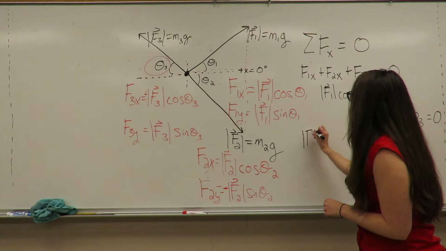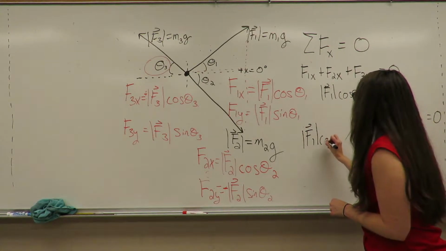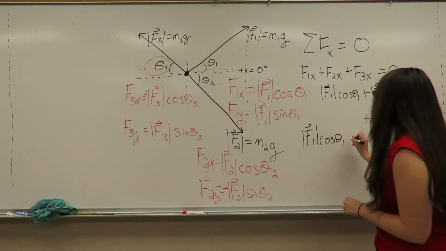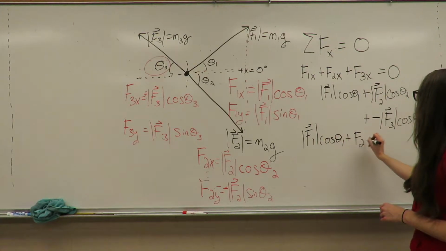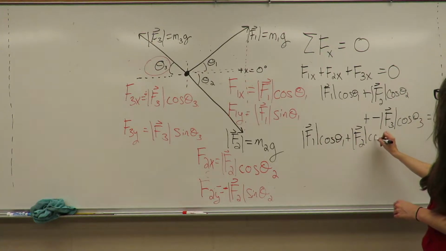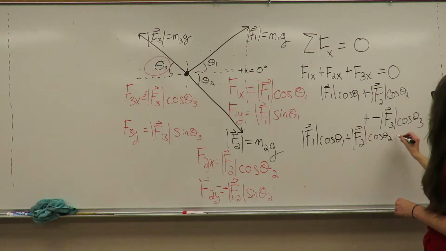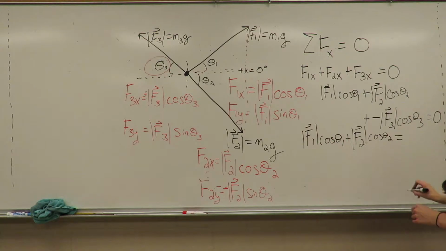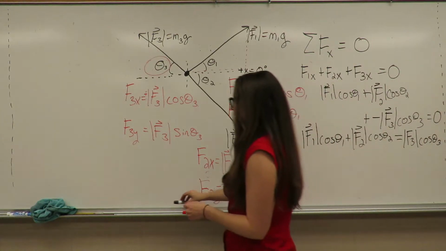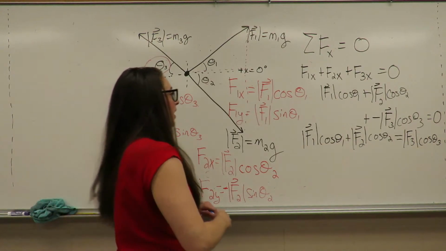So I have the magnitude of F1 cosine theta 1 plus the magnitude of F2 cosine theta 2 equals the magnitude of F3 cosine theta 3. Okay? So I'm going to put a box around this equation right here.